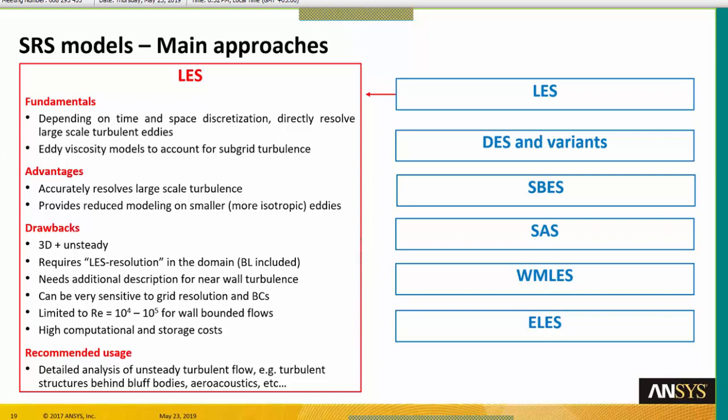So as you can imagine, you have high computational costs to run the simulation, but also high computational costs to store the solutions. This is a point that is usually missed or forgotten. When you do LES, you're also doing a transient analysis of the flow.